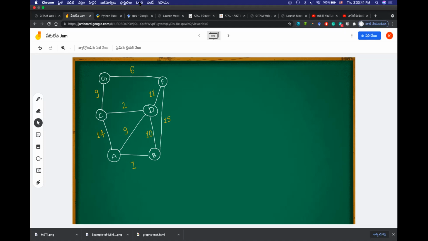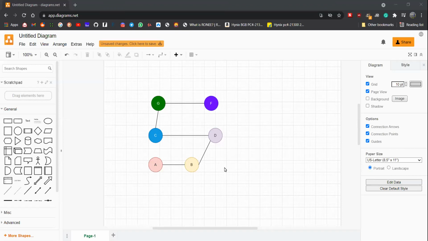Sir, can I screenshot, sir? Yes, you can. I'll stop it. Sir, permission. Sir, is this the correct one, sir? Sir, is my screen visible? Yes, the screen is visible.